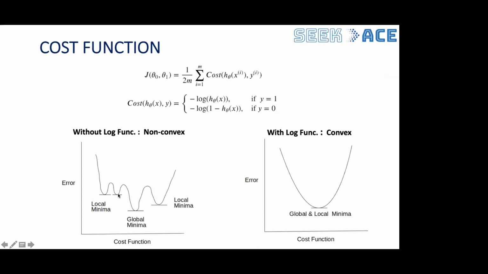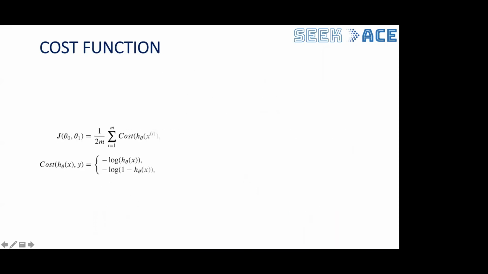There are ways you can find a global minimum in the middle of local minima, but then we have to take some different measures. But if we use the log of h theta x instead of h theta x, then our function will be convex.